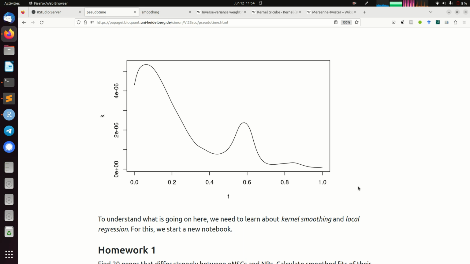The way you do this is you just call the heat map function or the image function, giving it only your one row of things. Actually you can do it in ggplot.